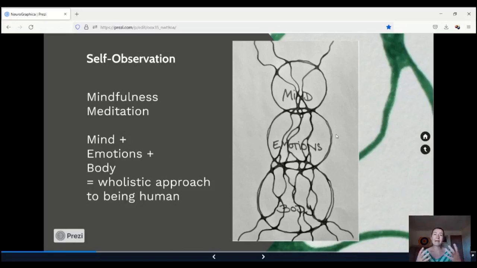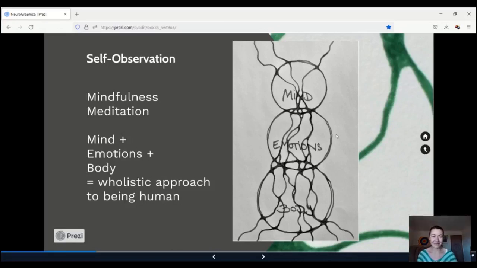So by focusing on these other layers, we focus on the layers of our consciousness that we want to bring to the forefront. We really dive into our own deeper layers with the drawing.